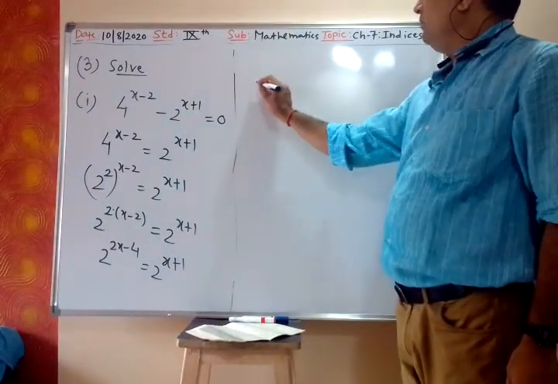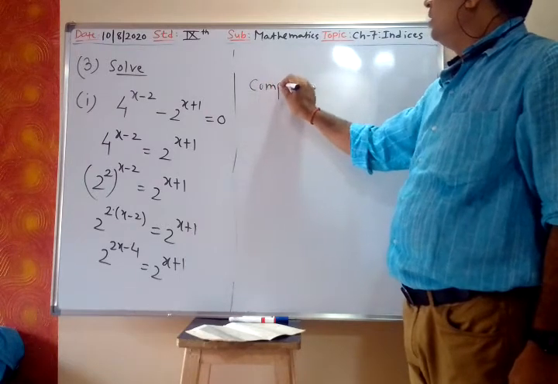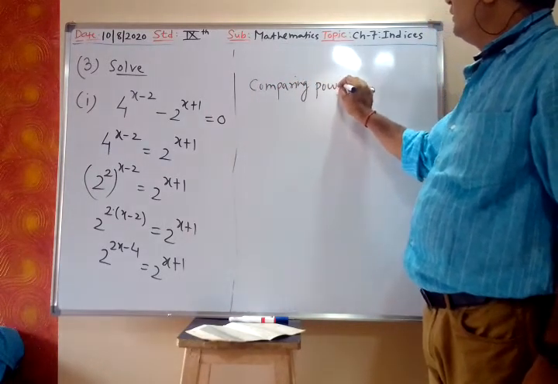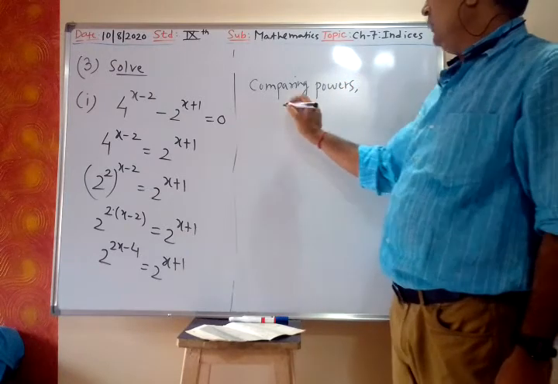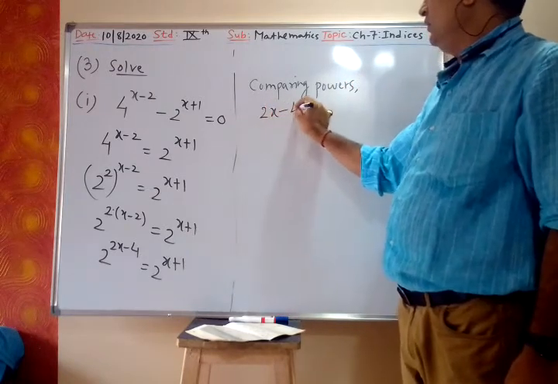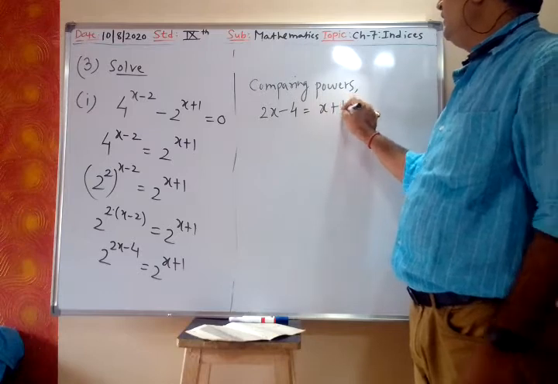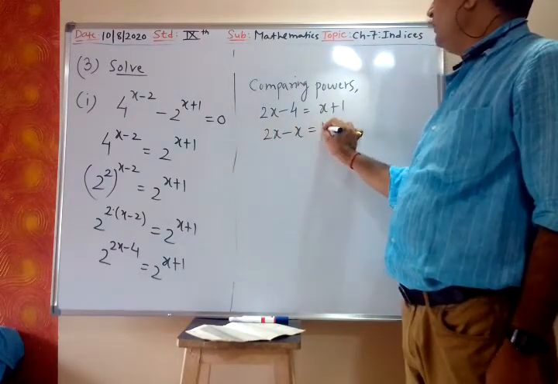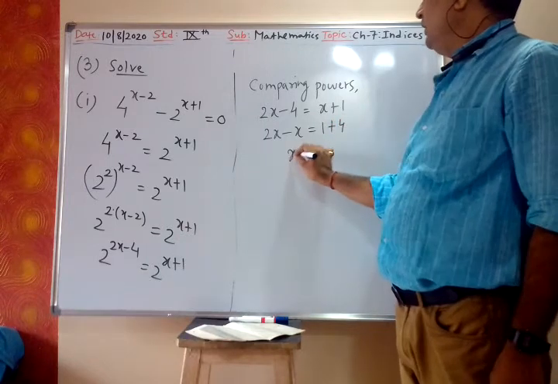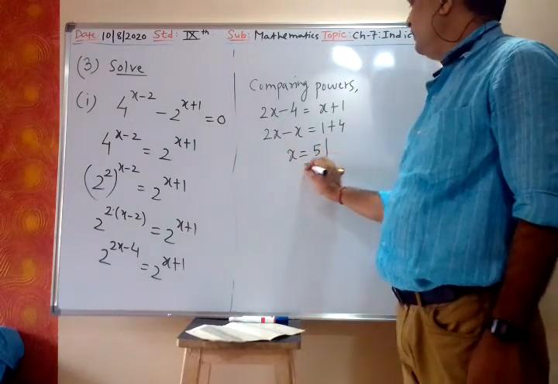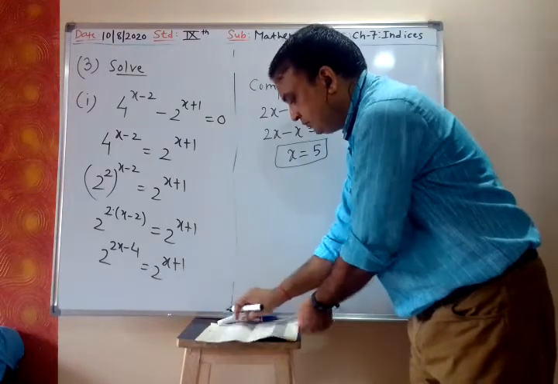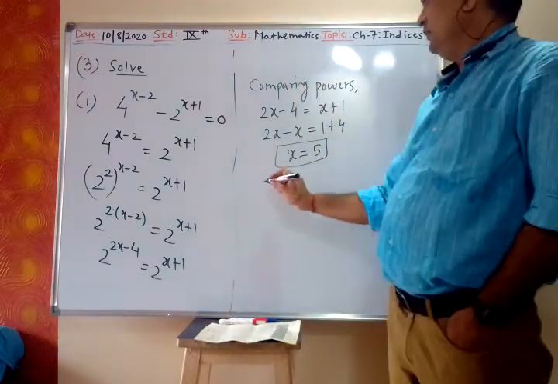So comparing powers, you will get 2x minus 4 is equal to x plus 1. Take x to the other side: 2x minus x is equal to 1 plus 4. So you will get x is equal to 5.